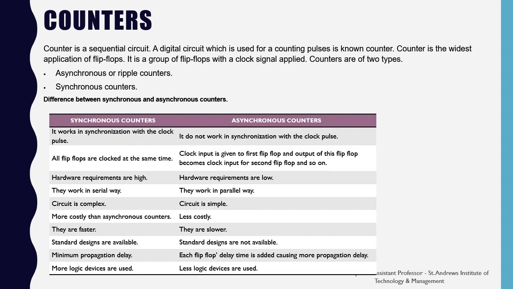Hardware requirements for the synchronous counter are high because it needs every piece of wire from the clock to every flip-flop. But in the asynchronous counter, the hardware requirement is low. Synchronous counters work in a parallel way, but the asynchronous counters work in a serial way.